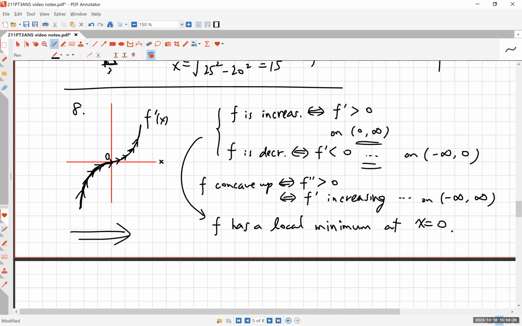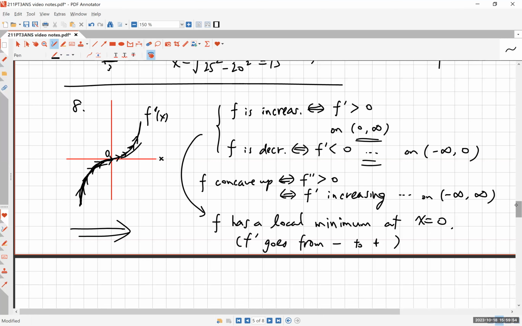How do I know this? Look at the graph of this f prime. The derivative goes from negative to positive. The derivative changes from negative to positive at 0. And so when that happens, by the first derivative test, the function f has to have a local minimum. It does not have a local maximum because there's no point where the derivative goes from positive to negative.